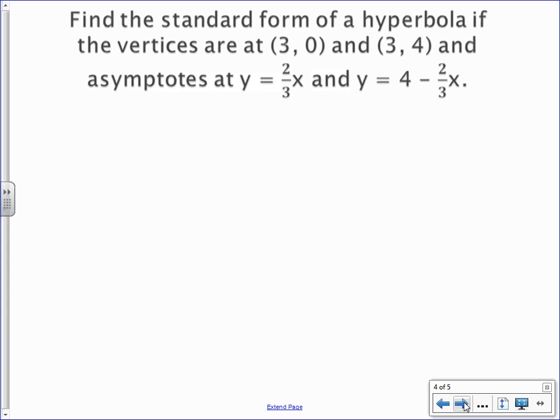Okay, last one. We have vertices at 3, 0, and 3, 4.